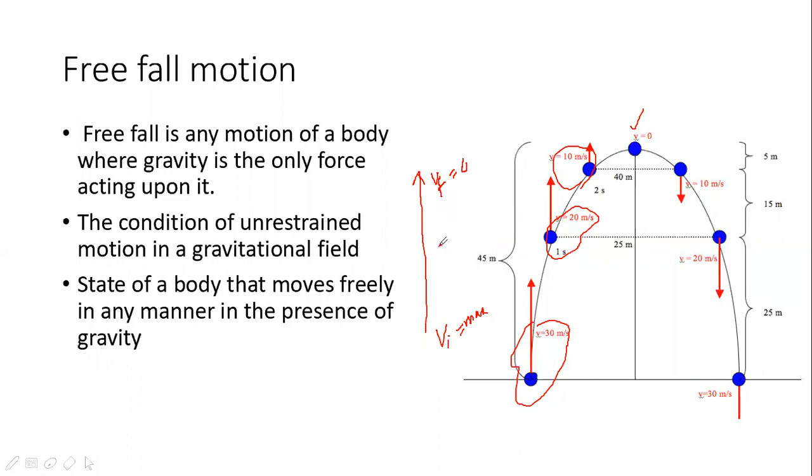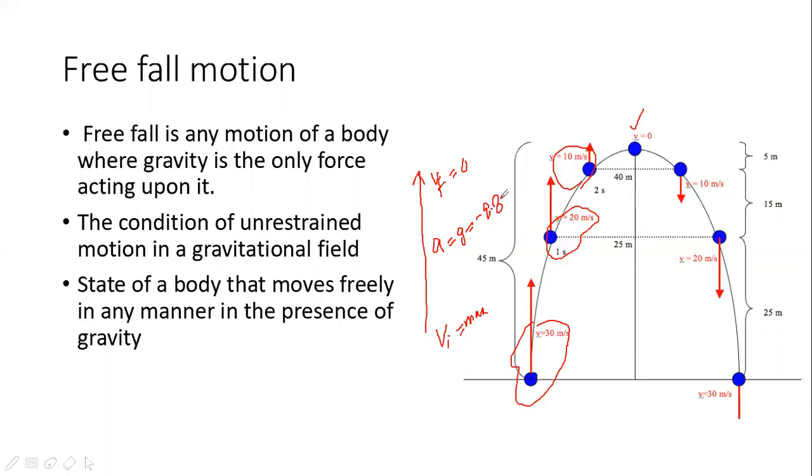And as there is a decrease in velocity, the acceleration, which in this case is represented by g and is called gravitational acceleration, will be minus 9.8 meter per second square.